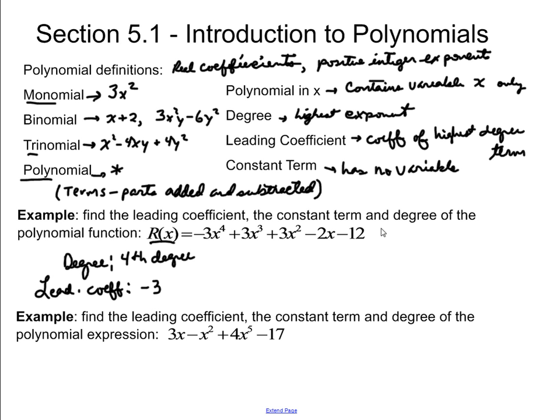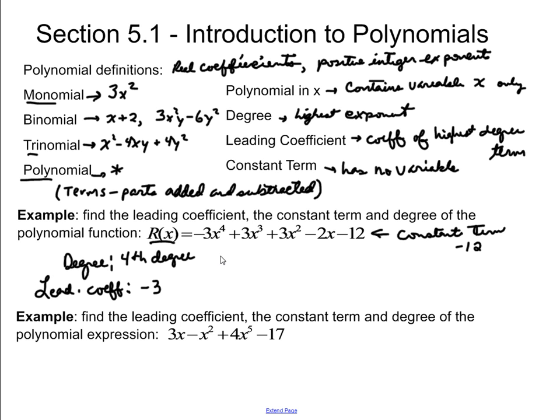And of course, our constant term over here is the very last term, at least in this particular case. So we would say our constant term is -12. All right, so how do we add this up?